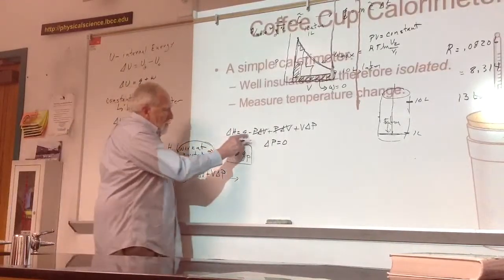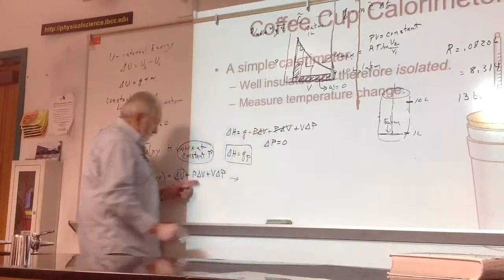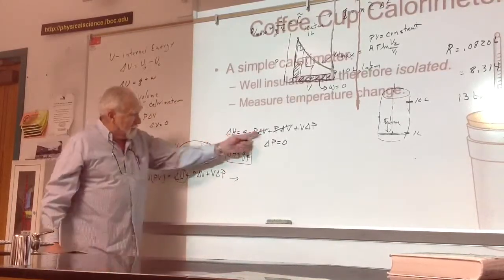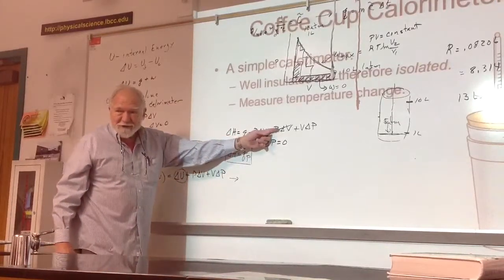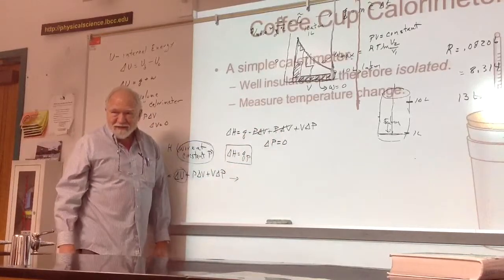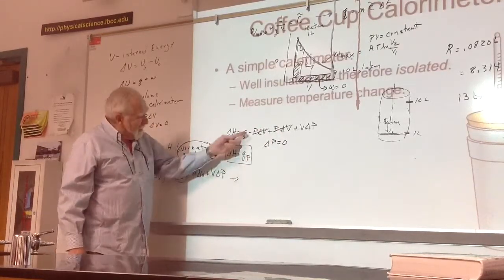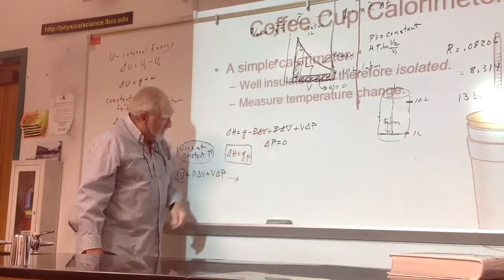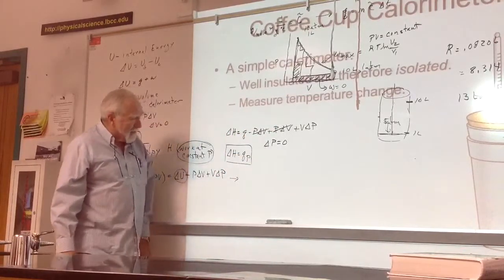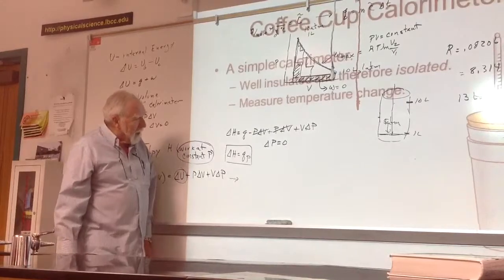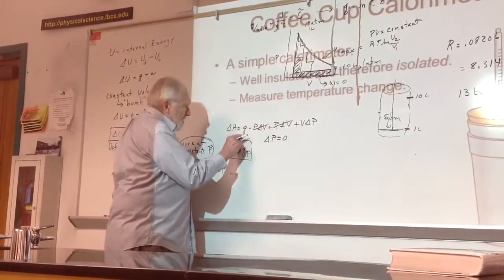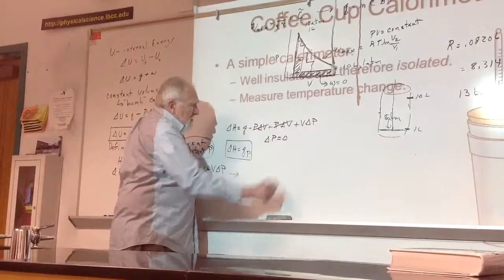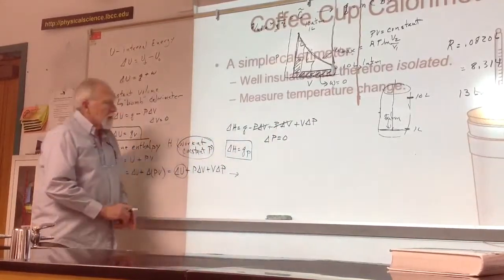And so I have Q minus P delta V plus this P delta V. These must be the same number, so they subtract out. If I have minus P delta V plus P delta V, and it's the same pressure and the same delta V, I'm just adding and subtracting the same number. Then the only term that's left is Q plus V delta P.